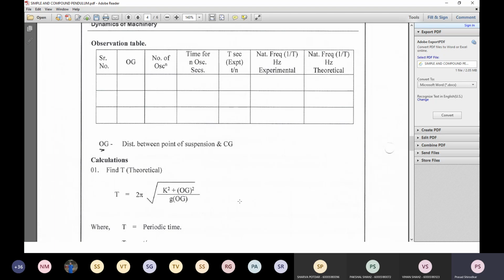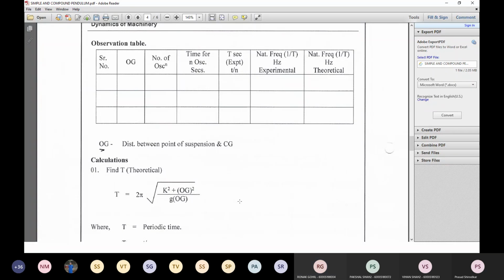Is everybody clear how to calculate natural frequency theoretical? Gaurav? Yes, sir. Okay, so calculate that and take the photo. Sir, in radius of gyration, what you have to take, L and b, that 74.5?